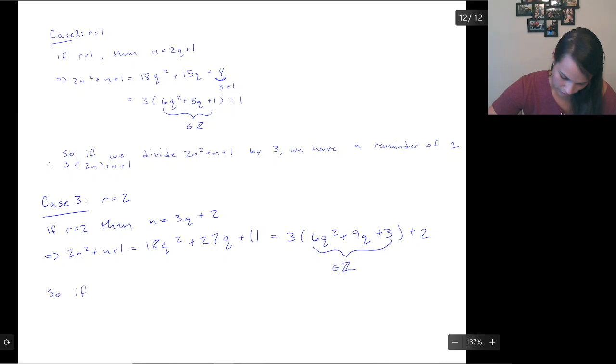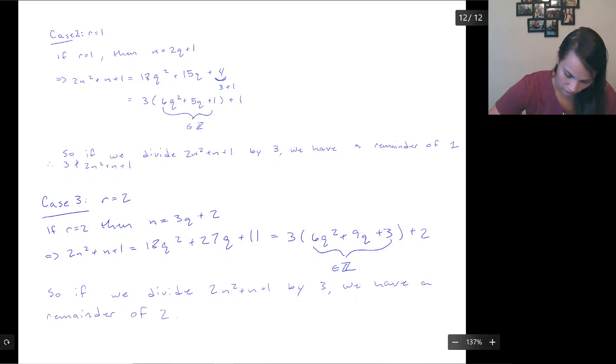So if we divide 2n squared plus n plus 1 by 3, we have a remainder of 2. Therefore, 3 does not divide 2n squared plus n plus 1.